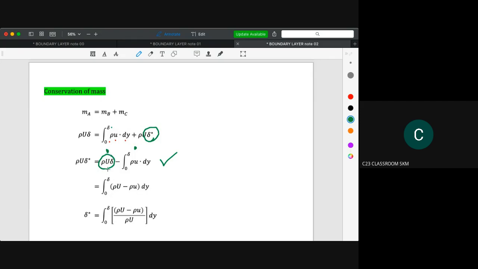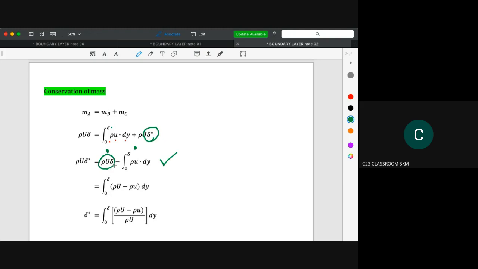It can be written as the integral from 0 to delta of rho u dy. If you solve that integration, you will get rho u delta.